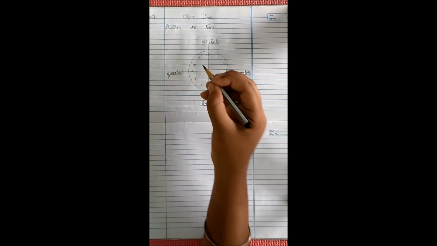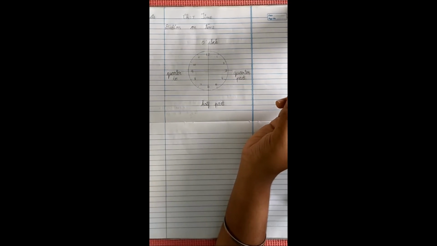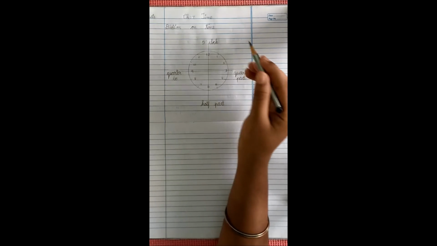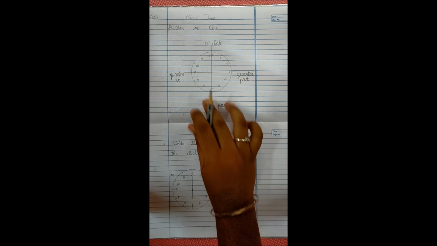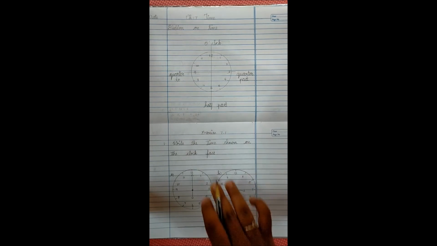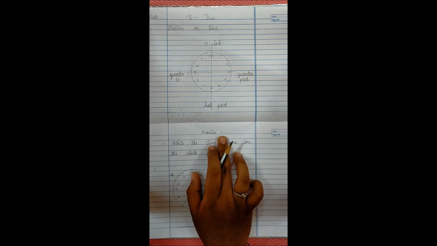Q-U-A-R-T-E-R, quarter to, T-O, to, quarter to. So now we have completed division on time. Now we are going to write exercise number 7.1. First we have completed division on time. Next we are writing exercise 7.1.